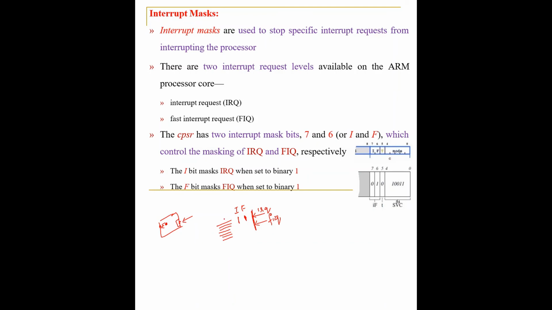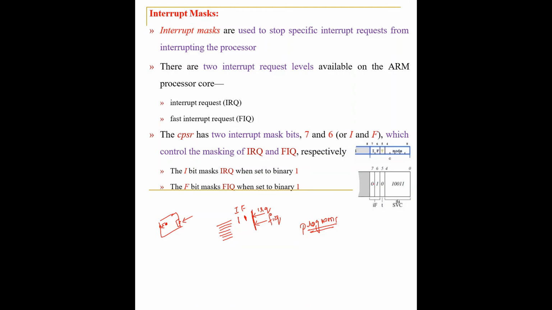Once the interrupt bit and fast interrupt request bit have been set to 1, your processor will not accept any interrupt request or fast interrupt request. Sir, how do I do that? Using a program. A programmer can do that. Using programs, you can enable or disable it. If you are enabling it, you need to make this 1 and 1. See, you can check out here. 0: interrupt request has been disabled, fast interrupt request has been disabled here.